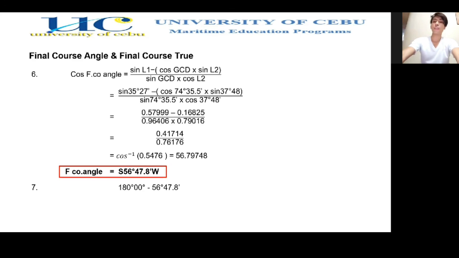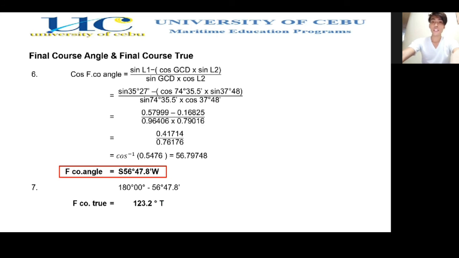Next, we'll find the final course true. The value falls into the southwest direction, so it falls in the third quadrant. So we simply subtract the final course angle from 180 degrees.